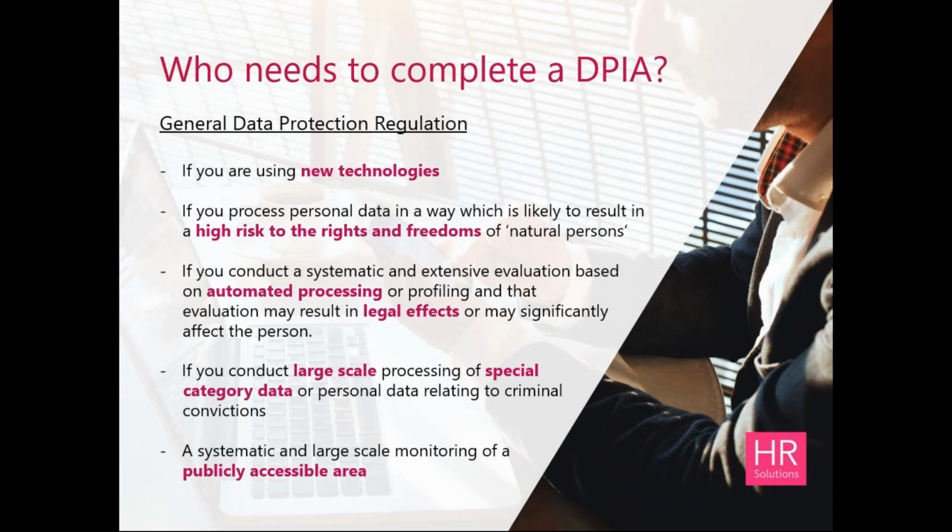You will also be required to do one if you conduct a systematic and extensive evaluation based on automated processing, okay, but only if that automated processing should produce legal effects or if it might significantly affect a person, okay. So we did cover briefly in my last webinar what is meant by systematic, you know, and it is just the standard interpretation you and I would think of.